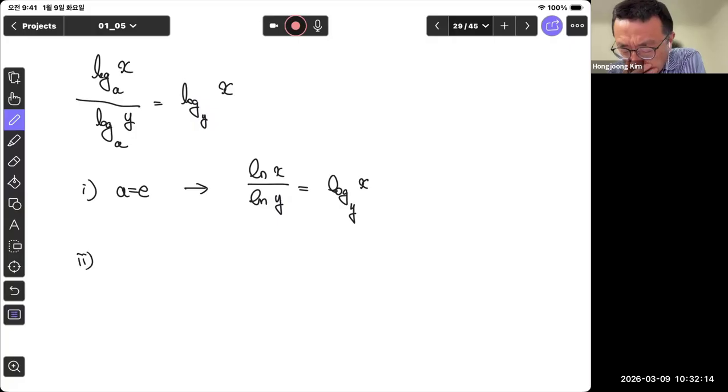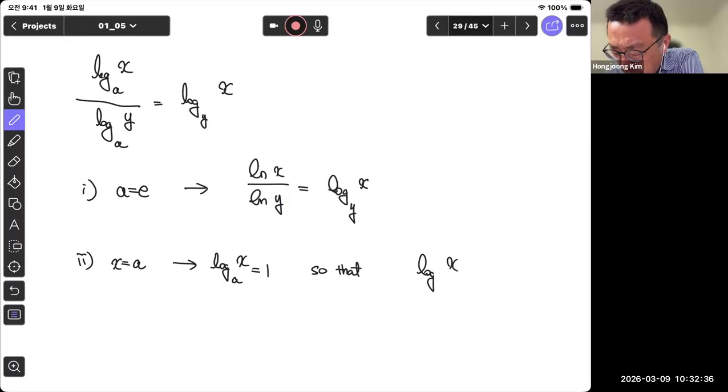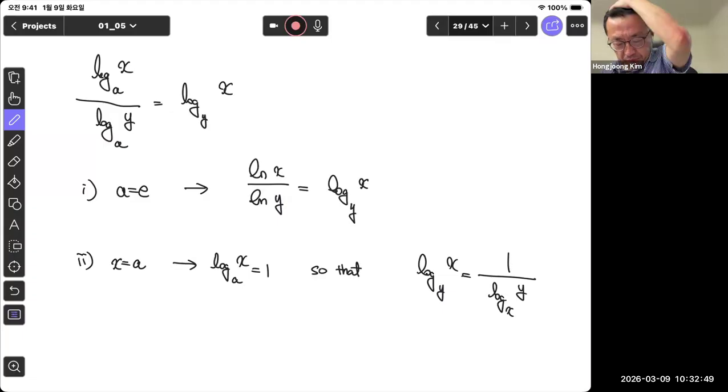And secondly, when x is a, then log x with base a will be just 1, so the equation above tells you log x with base y will be 1 over log y with base x. So if you switch x and y, then you get the reciprocal, right?